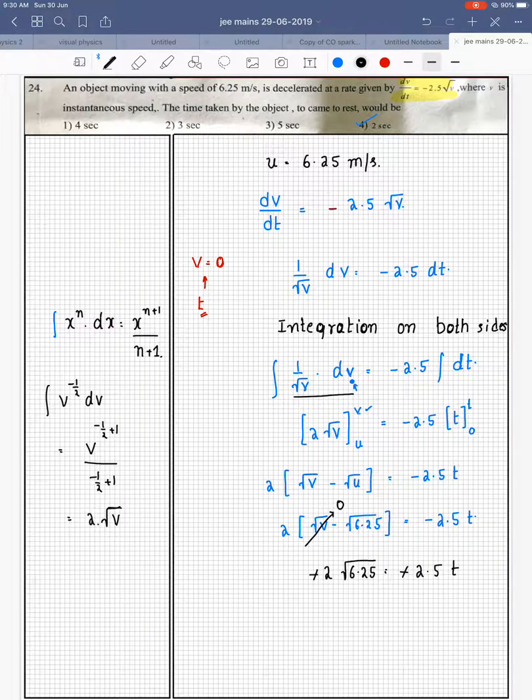Minus minus cancel, so if you square on both sides, t square into 2.5 whole square equals 4 into 6.25. 2.5 whole square is equal to 6.25, so t you get as 2 seconds, and this is your answer. t equals 2 seconds.